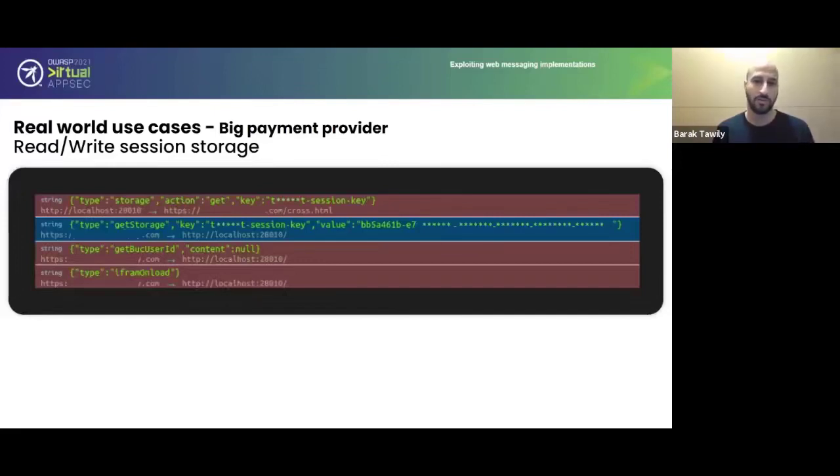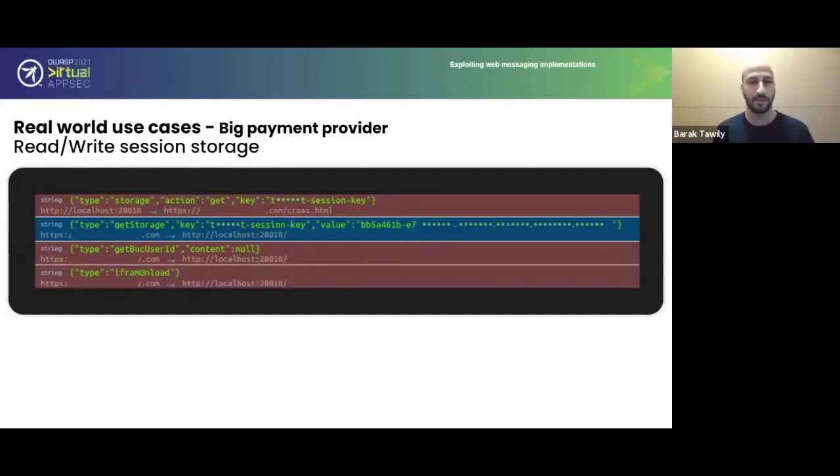So we investigate the actual implementation. We see that they have this protocol where they pass these JSONs, and they need to receive a type of storage, action, and the key. Then we can see the next message that the vulnerable website sent back to us after we asked it to please give us this session key.